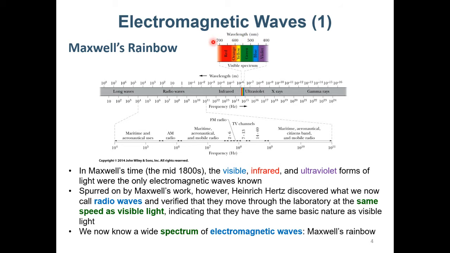The wavelength of the visible light is about from 400 to 700 nanometers. Longer than this is called the infrared, and shorter is called the ultraviolet.